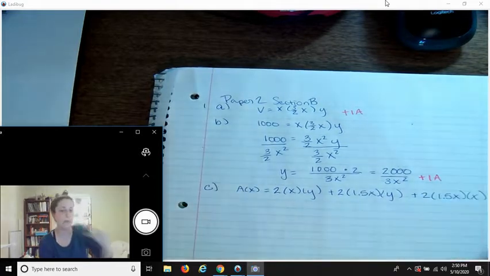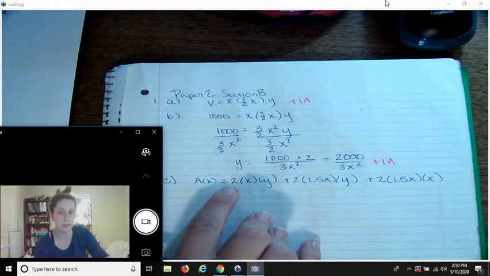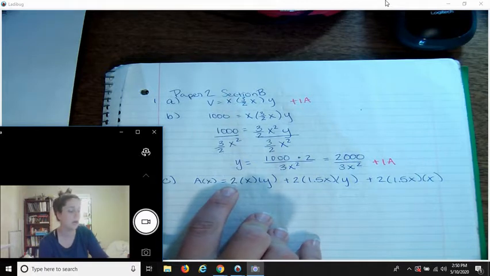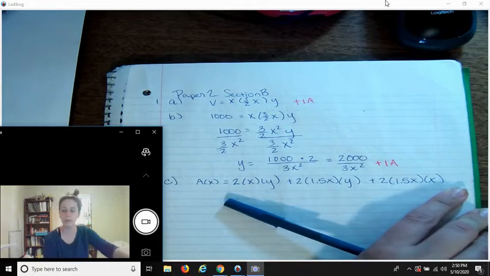So we have all the different combinations of the length, the width, and the height, having 2 of them in each thing, and then we have 2 of each of those sides that will have those dimensions. And remember, this is area, so I should only have 2 dimensions multiplied in each term.